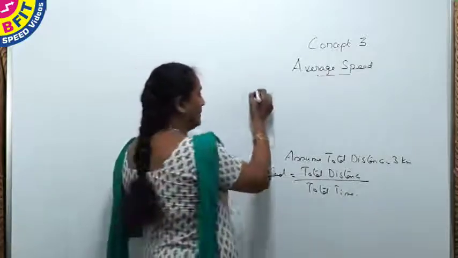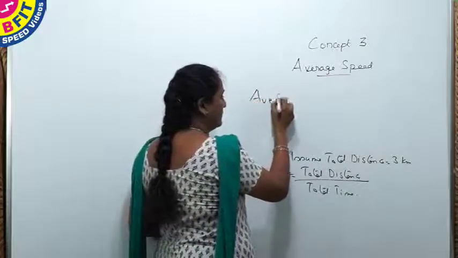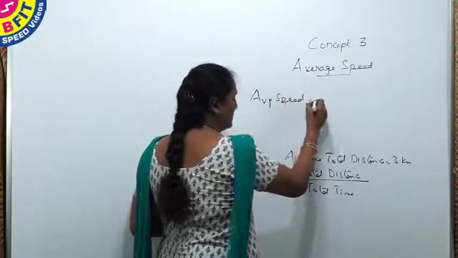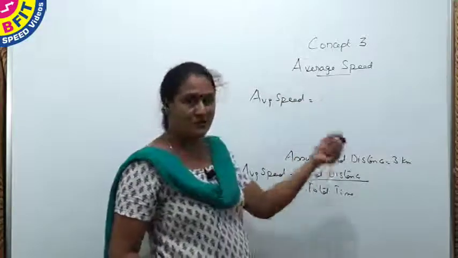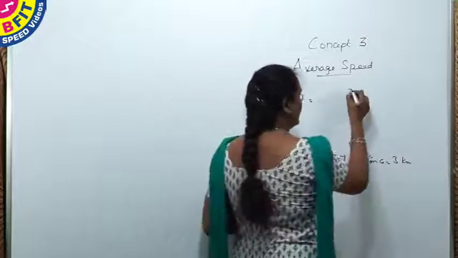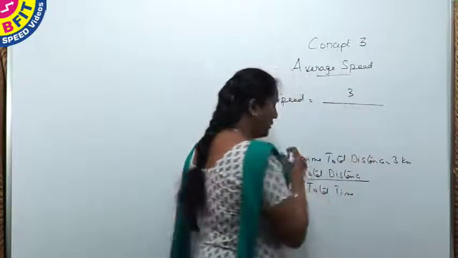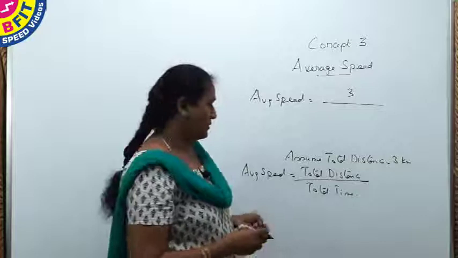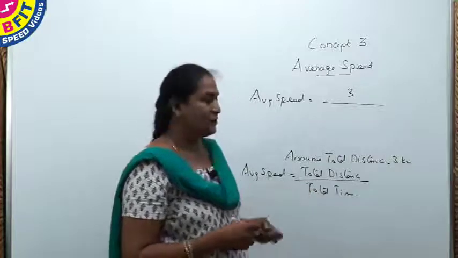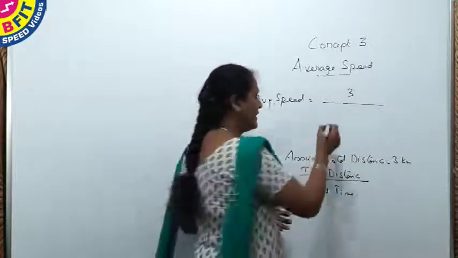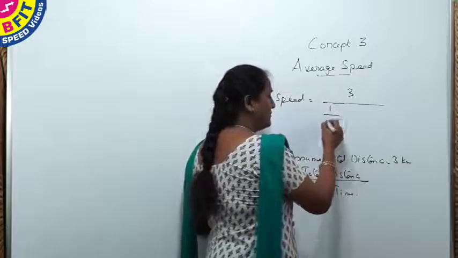So to calculate the average speed, total distance we have assumed as 3 kilometers, so it will be 3 in the numerator. The denominator we need the total time. So total time here will be, 1/3 of the distance, that is 1 kilometer, he covers with speed 50.